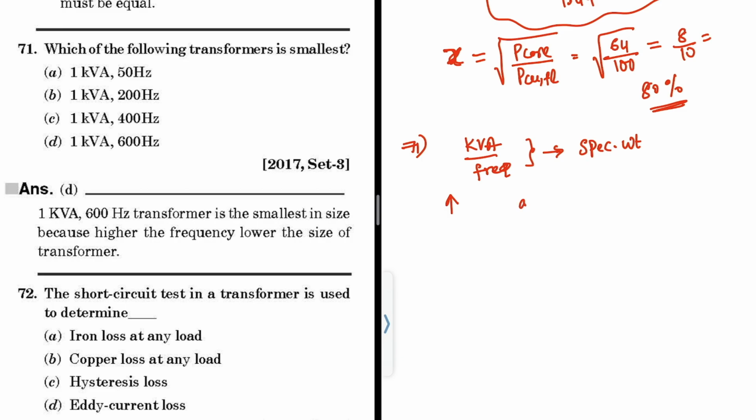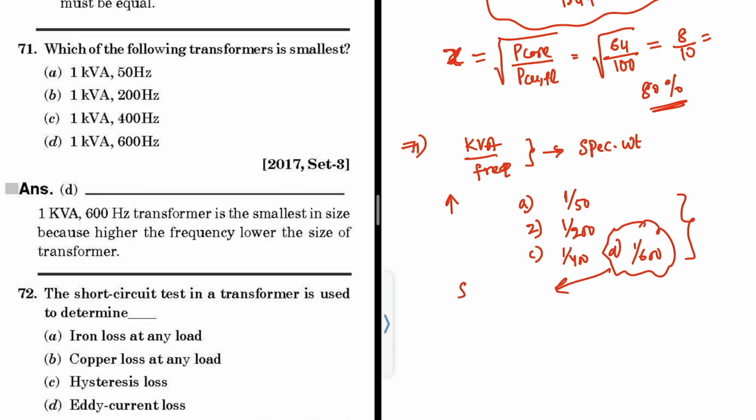So if you calculate, the first option is 1 by 50, this is 1 by 200, C is 1 by 400, and D is 1 by 600. So out of the four options, this ratio is the smallest, right? So this is the small rating transformer, the smallest transformer, because this has less specific weight.